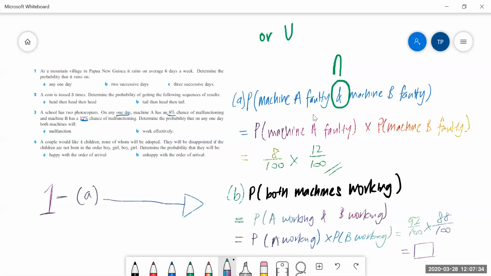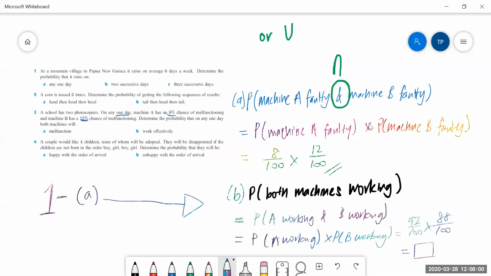A can be faulty but B is working, or the other way around. You're right. Very good. That's why we cannot use 1 minus the probability that we found in A, because there are other scenarios involved. Understand?